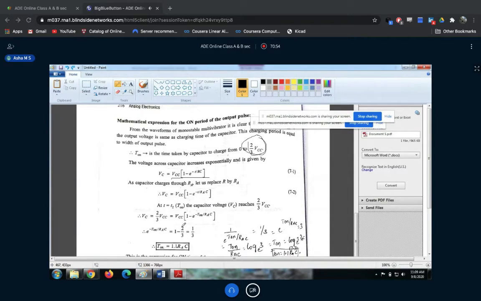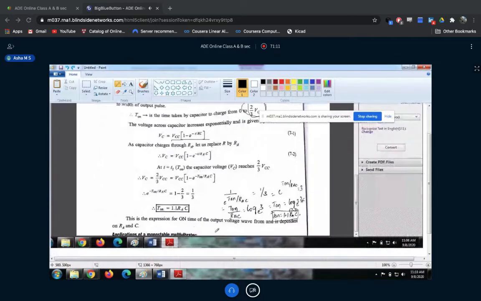So e to the power of minus Ton divided by RA C is equal to 1/3. You very well know that e to the power of minus x can be written as 1 divided by e to the power of x, equal to 1 by 3, correct? I have just taken the reciprocal, so that I can write e to the power of x is equal to 3, correct?